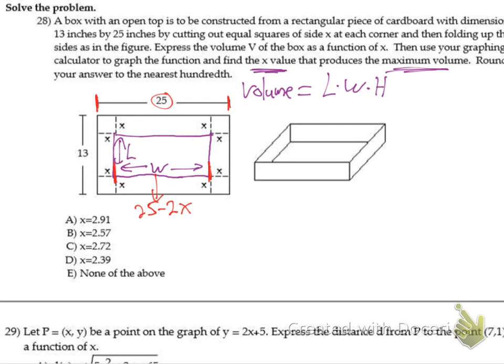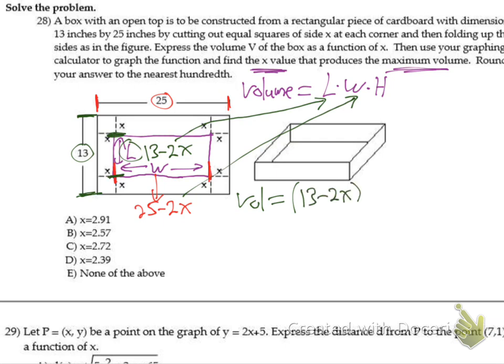If we're looking at this thing top to bottom, outer edge to outer edge is 13, then inner edge to inner edge length must be 13 minus 2x. So put that in for L, put this in for W. So volume equals 13 minus 2x times 25 minus 2x. And what's the height?